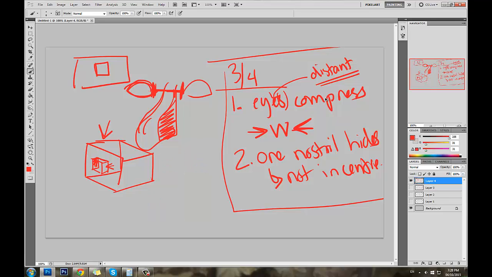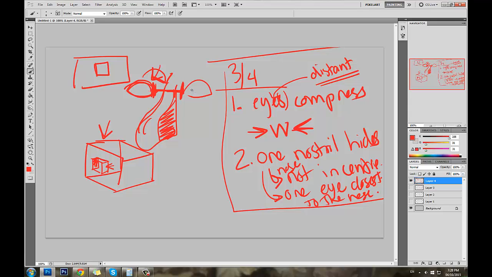But remember, the nose is not in perfect distance. This eye is closer to this eye. One nostril hides. The nose is not in center. And one eye is closest to the nose. Okay?